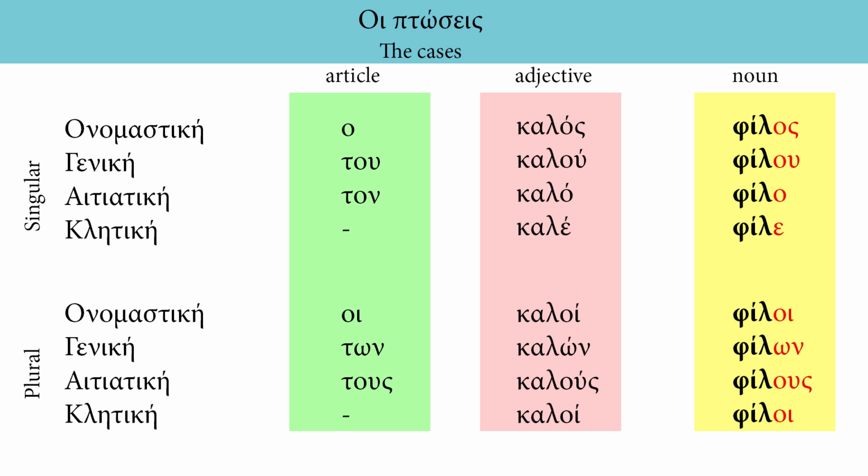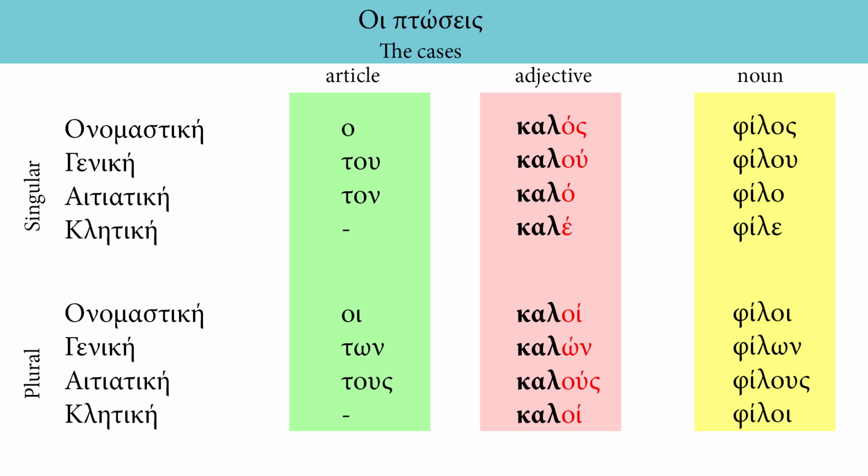As you can see, the stem of the noun philos, which means friend, is phil, the three first letters. The stem stays the same in all cases and both numbers, and the only thing that changes are the endings. The endings are the same for every masculine noun that ends in os.